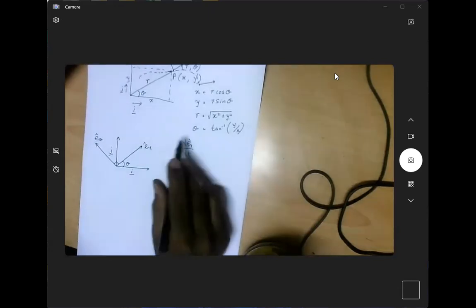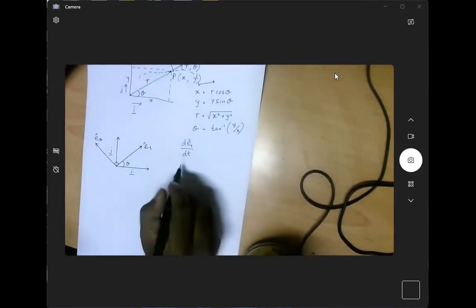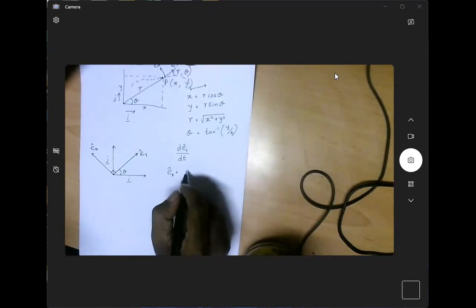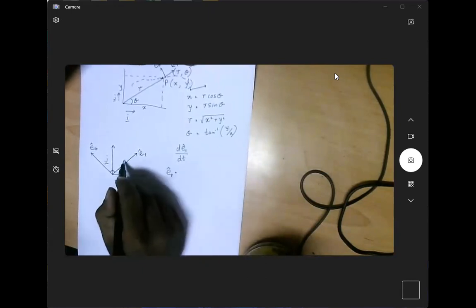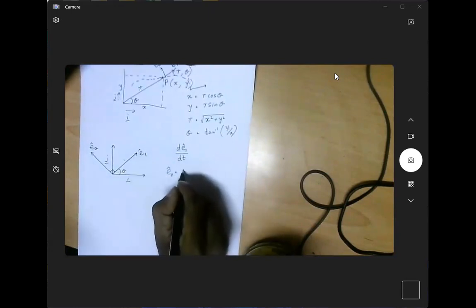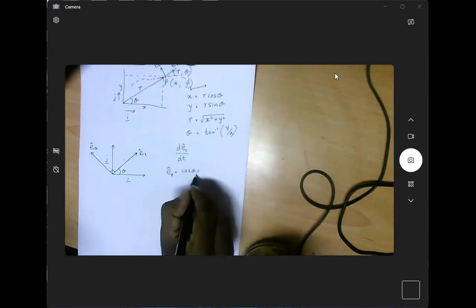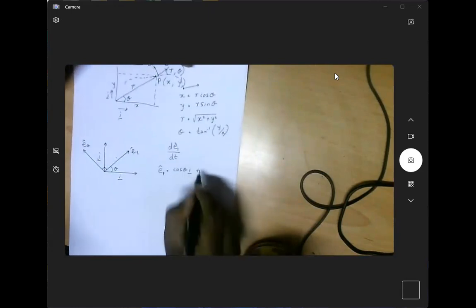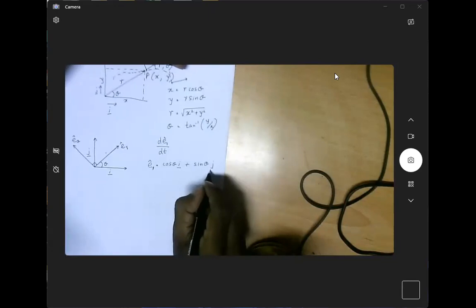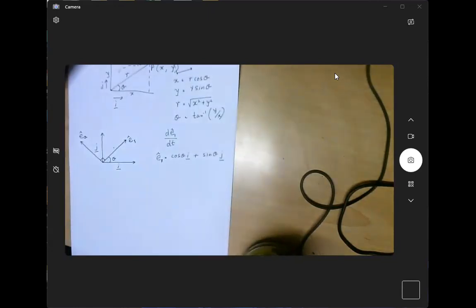We do not know how to do this directly, so what we do is write e_r using Cartesian coordinates. The size of e_r is 1, so 1 times cos theta in the direction of i plus 1 times sin theta in the direction of j. So e_r is actually cos theta i plus sin theta j.